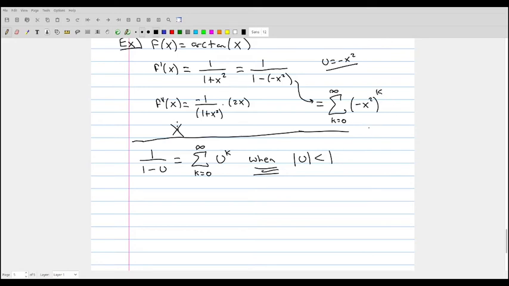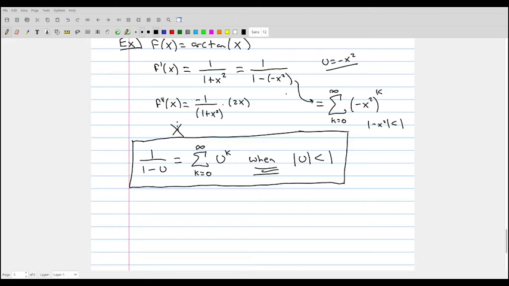And this is valid when the absolute value of negative x squared is less than 1. This is just applying our geometric series formula directly, since our function looks like a geometric series.